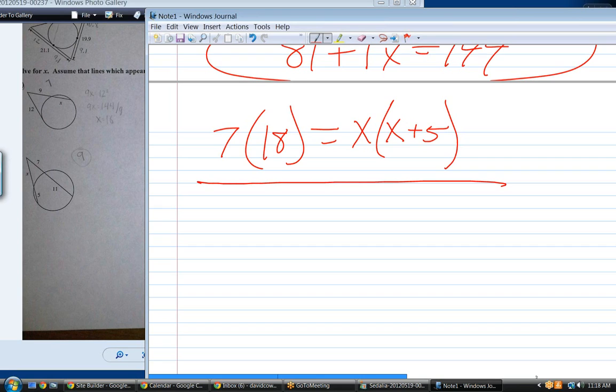Now, let's just make sure you can solve this. This becomes 126, which is equal to 5x plus x squared.